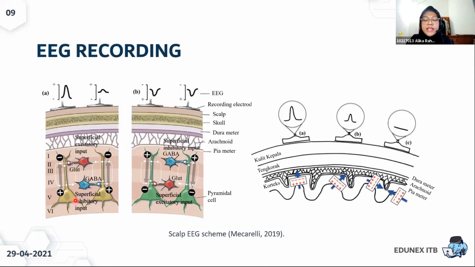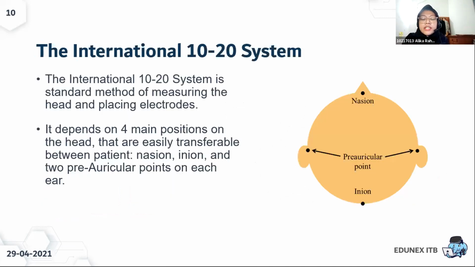Besides EPSP, there is inhibitory, or IPSP, which makes different ions flow into the cell, so the space becomes more positive, like this.